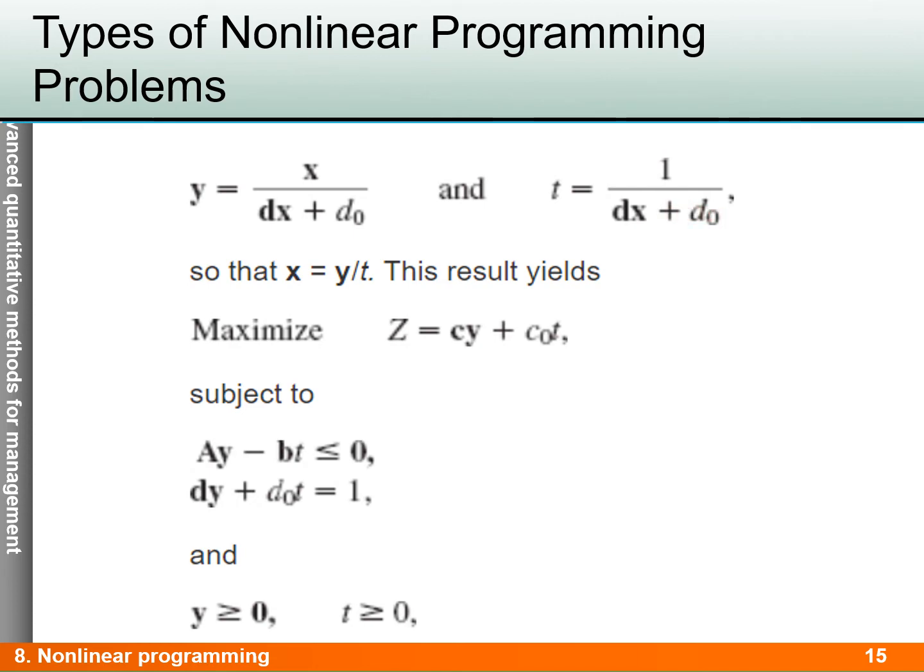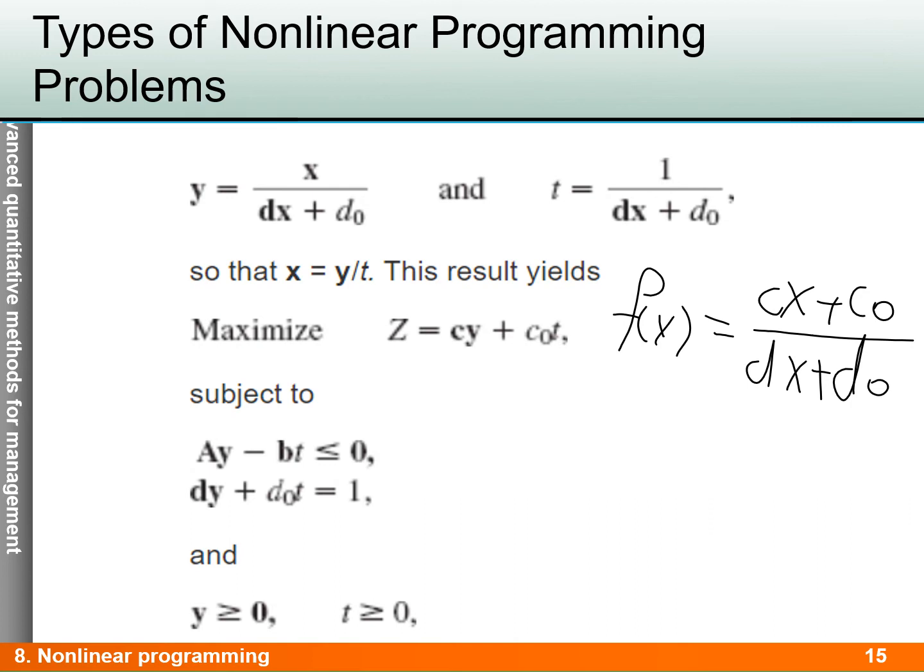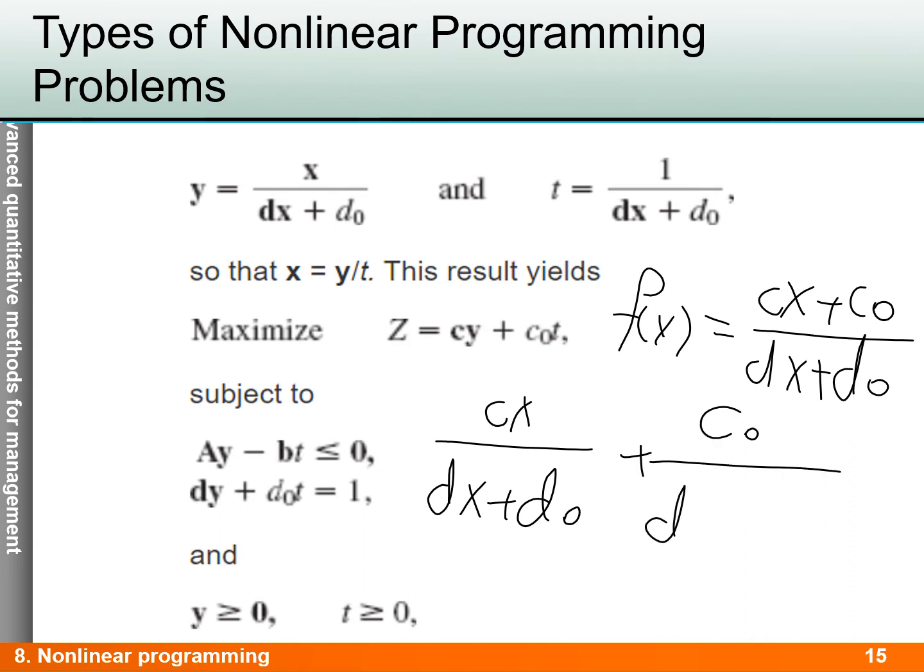As we can see, we can write this objective function that we had in the previous slide, cx plus c0 divided by dx plus d0, as cx divided by dx plus d0 plus c0 divided by dx plus d0.